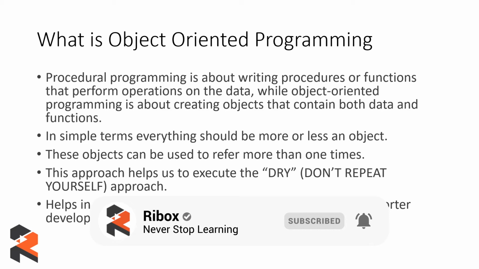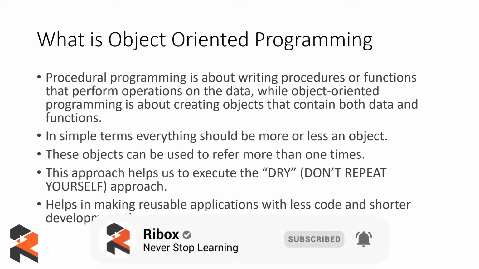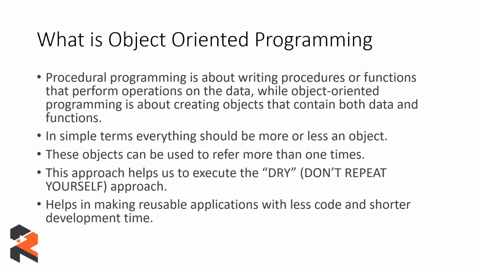So that is where object oriented programming really helps. So these are some of the points which you can note down if you want to, and these are some of the very fundamentals which you need to know about object oriented programming.